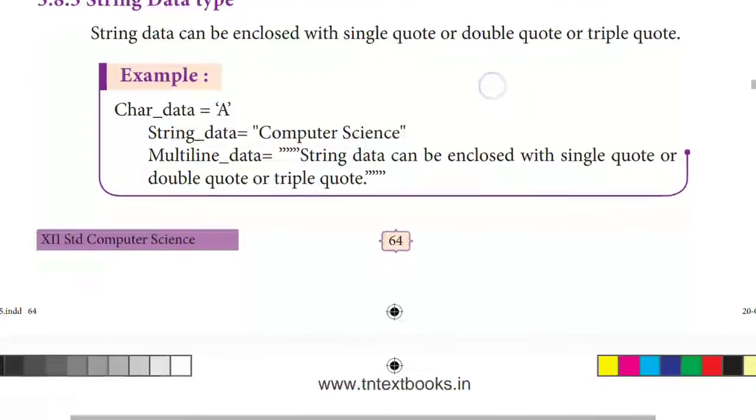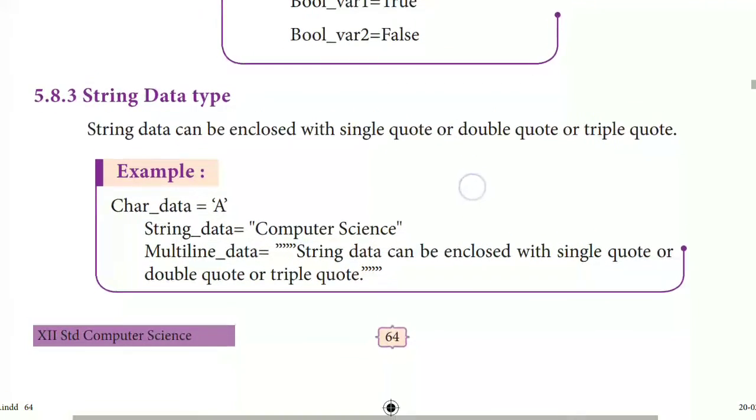Next is string data type. A collection or group of letters is known as a string. A single letter is known as the character data type.